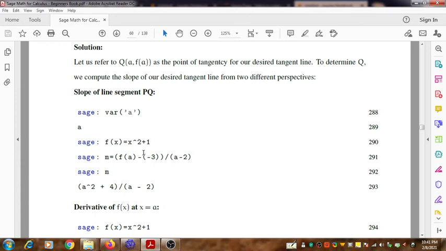You have to consider a variable point also, and that variable point can be taken as (a, f(a)).